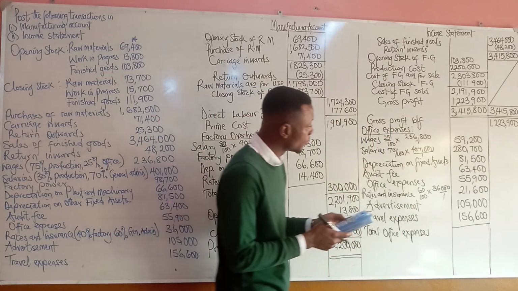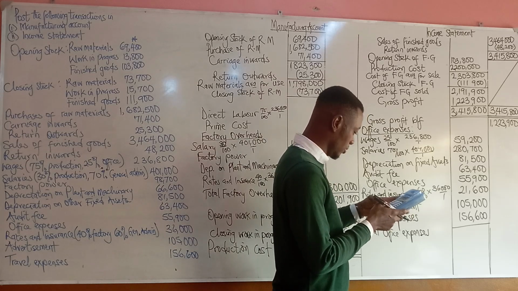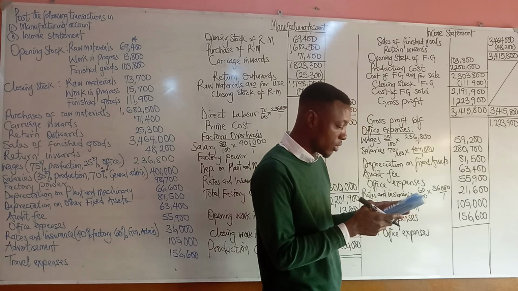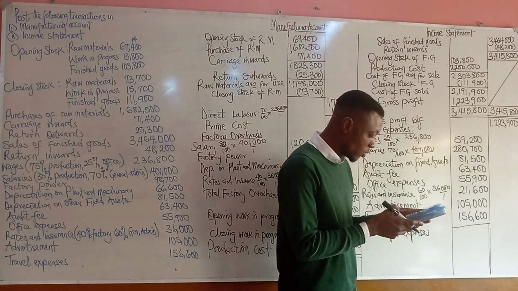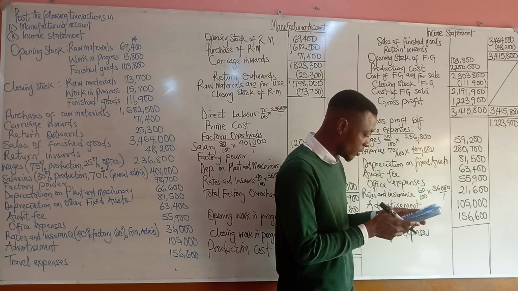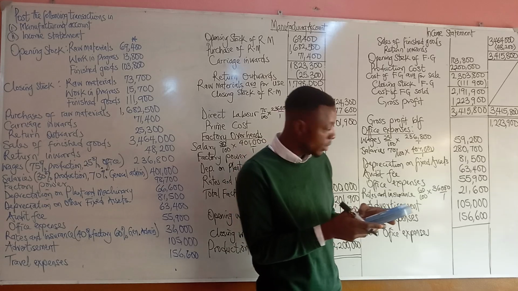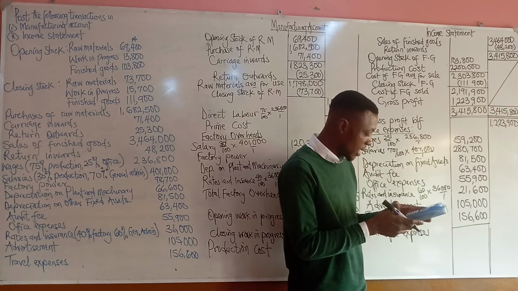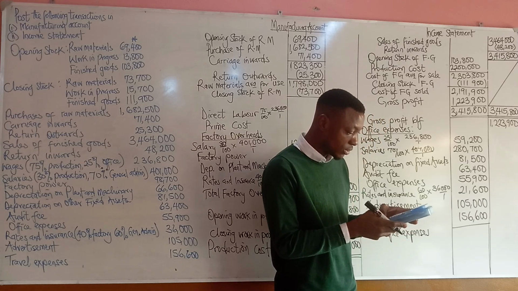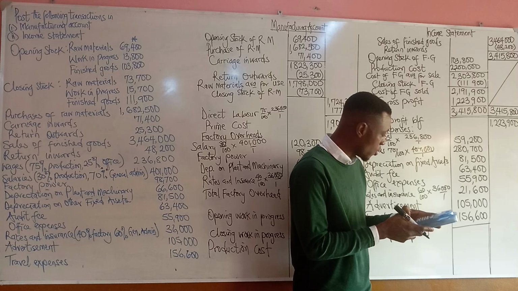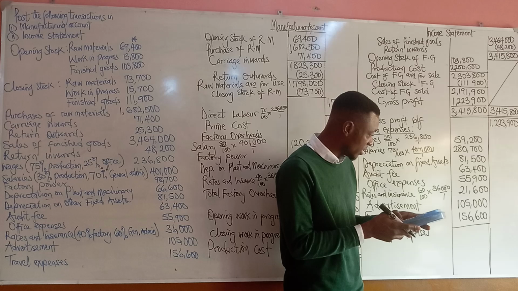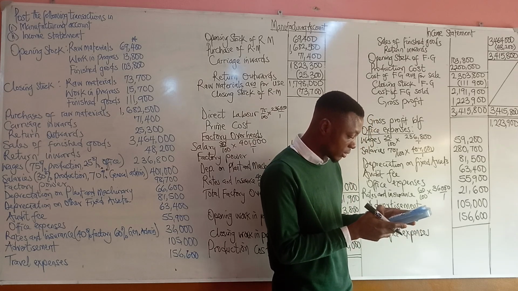So let's add 59,200 plus 280,700 plus 81,500 plus 63,400 plus 55,900 plus 21,600 plus 105,000 plus 456,600.